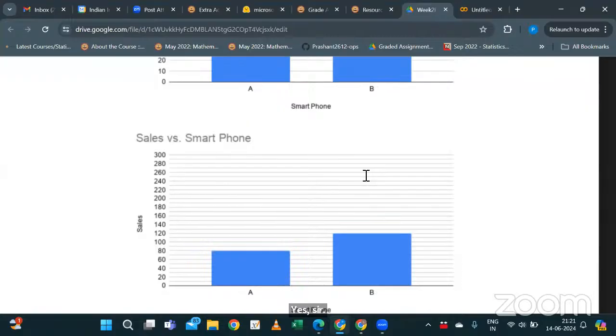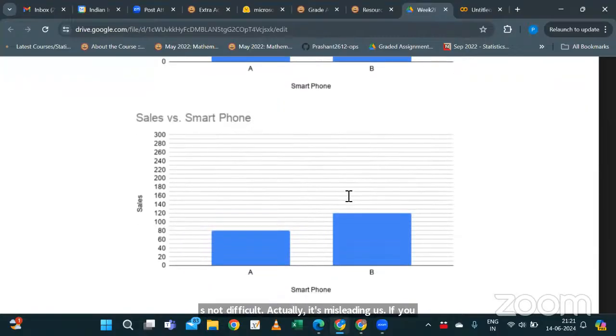No, it's not difficult, actually it's misleading us. At the very first glance, you think there is very little sales of smartphone A and smartphone B. Why is that so? Sir, because you expanded the y-axis. There is some manipulation on the y-axis. This is called manipulation of y-axis.